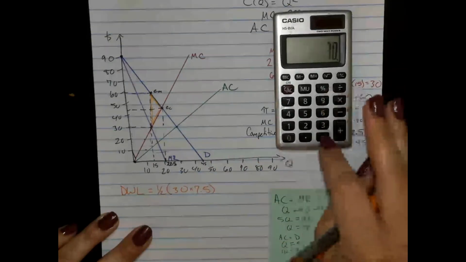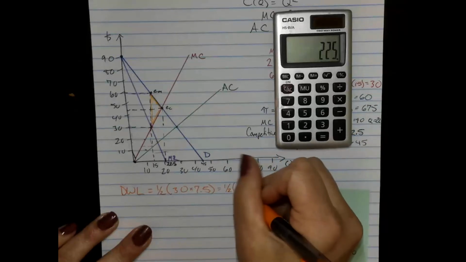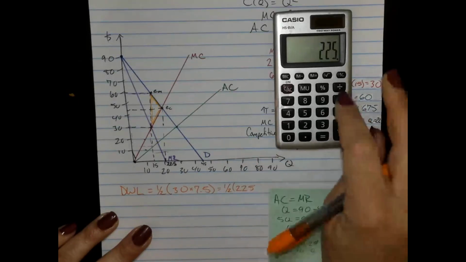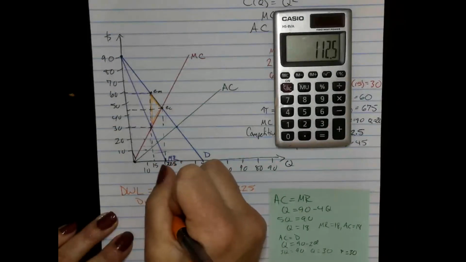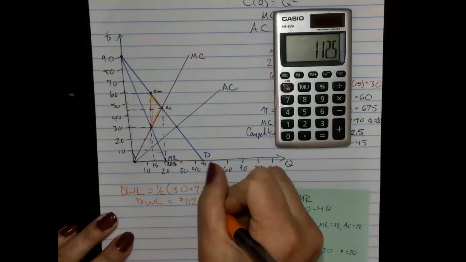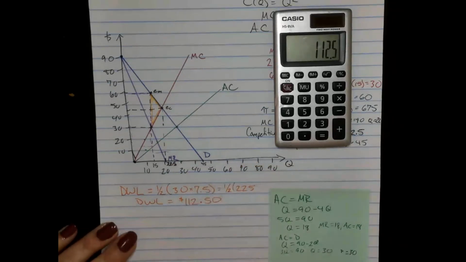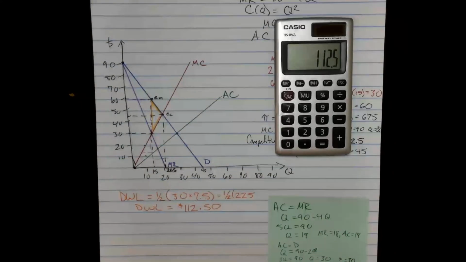So 7.5 times 30 is 225, and we want 1/2 of that, or our deadweight loss is equal to 112.50.